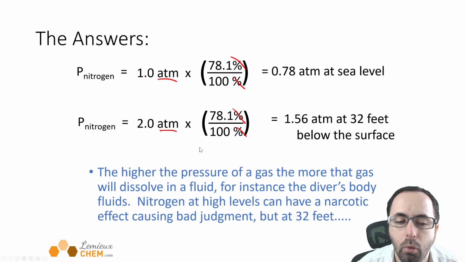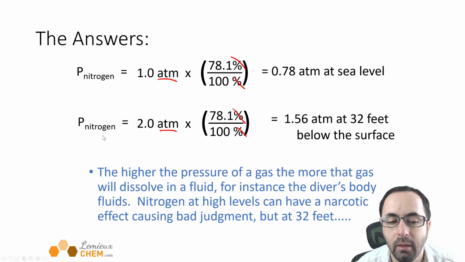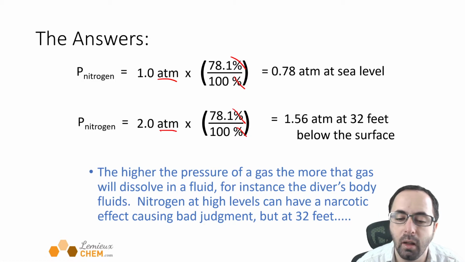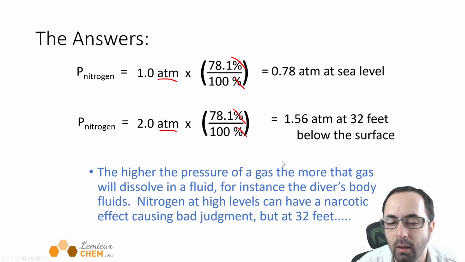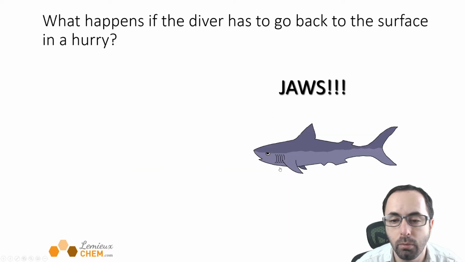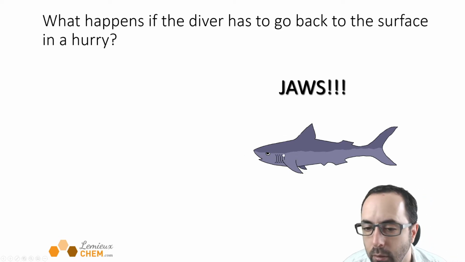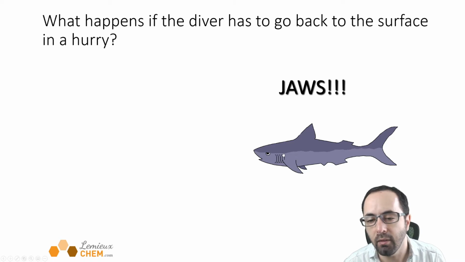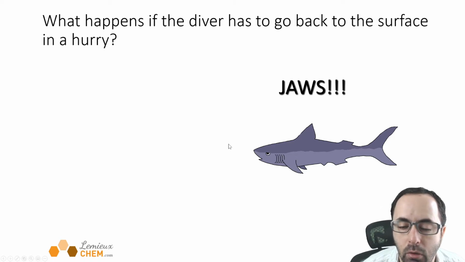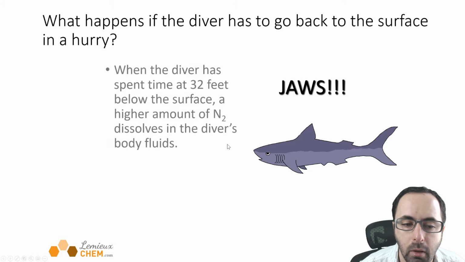And so it's very important that the way the diver has gases in their tank that they're breathing, and the way they approach their diving, makes sure that they're not breathing such a large partial pressure of nitrogen. Another issue is, let's say the diver has to rapidly go back to the surface, and they have a large amount of nitrogen, larger than normal, dissolved in their blood.